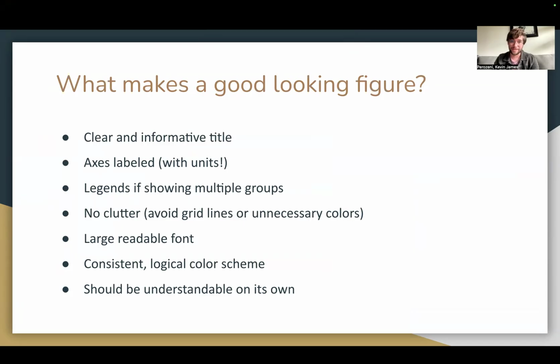You should have your axes labeled with units, and legends if they're showing multiple groups. You don't want any clutter, so a lot of times I avoid grid lines or unnecessary color. Large readable font is a big one, especially if you're putting it on a poster or some kind of presentation. There should be a consistent, logical color scheme, and it really should be understandable on its own.